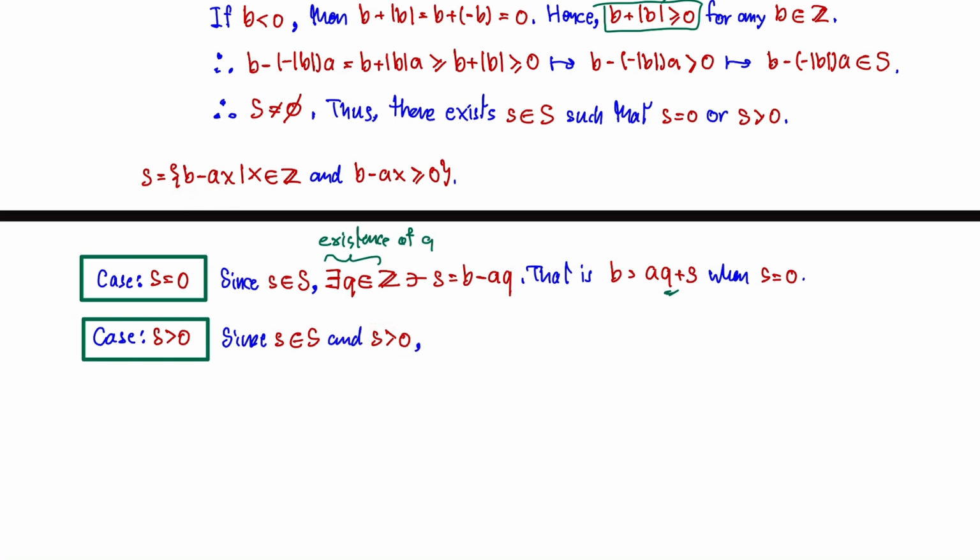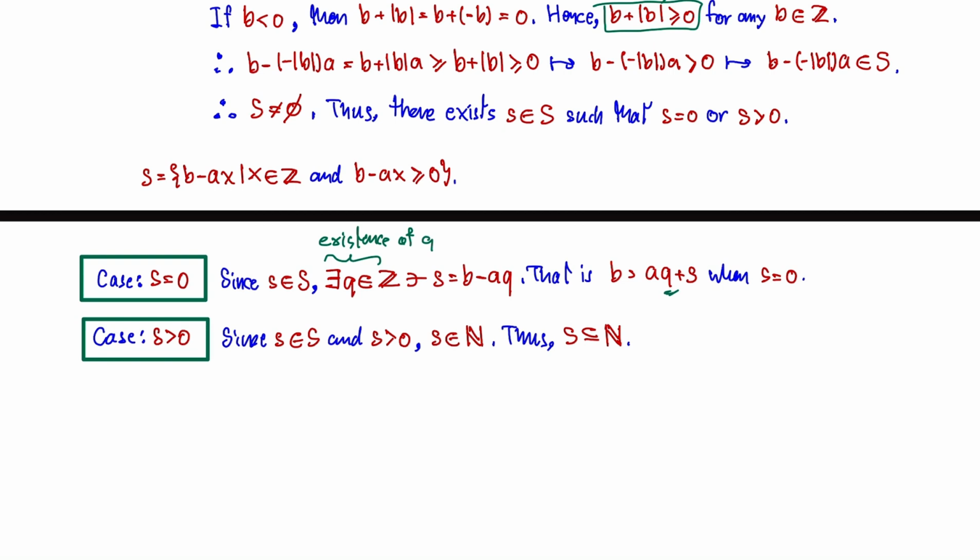This means that set S is a set of natural numbers. So right now we know that when s is greater than 0, set S is a subset of the set of natural numbers.